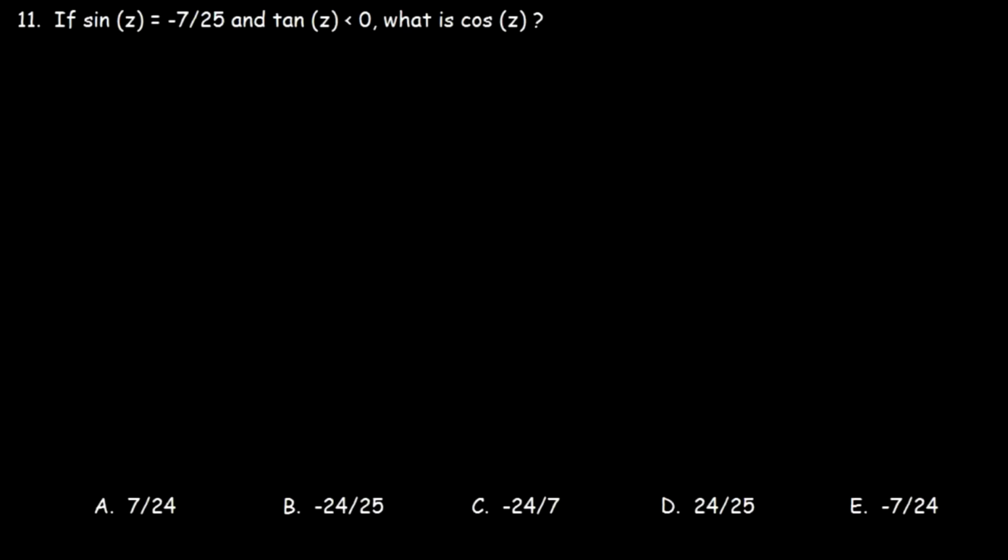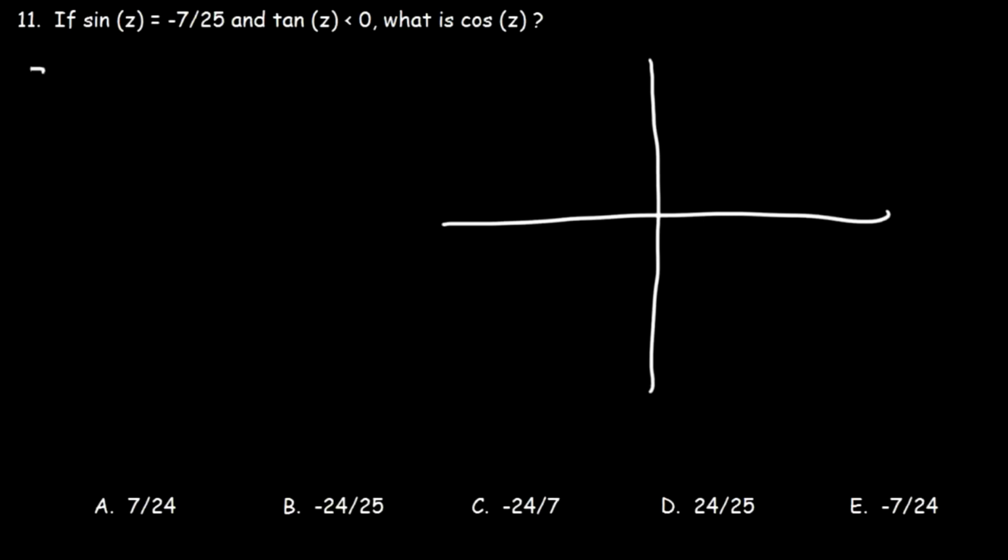So now let's go ahead and work on this problem. The first thing we need to do is know in which quadrant we should draw the right triangle. Is it going to be in quadrant 1, 2, 3, or 4? Now we know that sine is negative based on this information here. And sine is negative in quadrants 3 and 4.